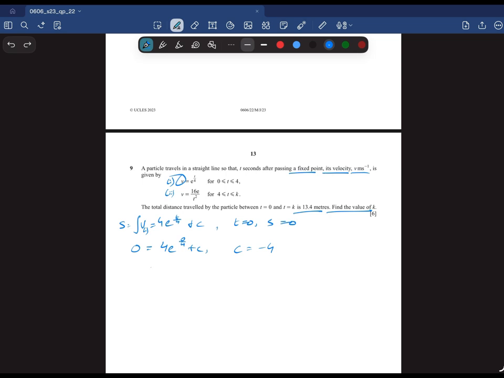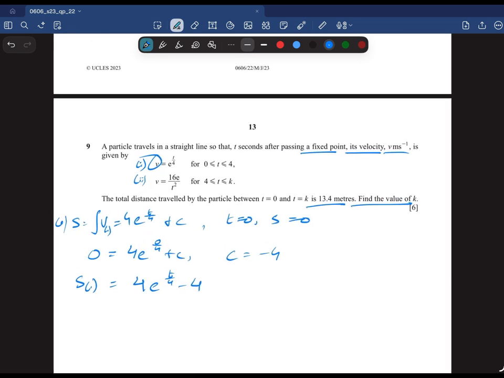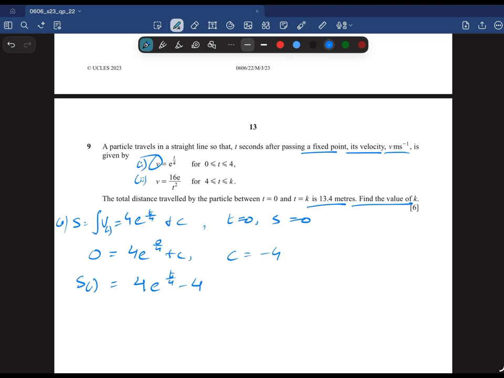Okay, so we have, let's label this as s1 being equal to 4e to the power t upon 4 minus 4. Okay, now let's integrate this, because that will give us the displacement at this time.